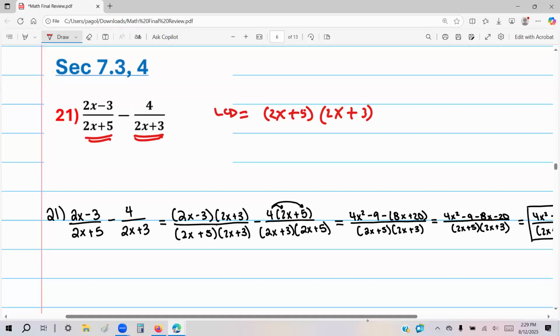That means we want the same denominator under both. So the first one is missing 2x plus 3. So you multiply top and bottom by 2x plus 3. The second denominator is missing 2x plus 5. So you multiply top and bottom by 2x plus 5.